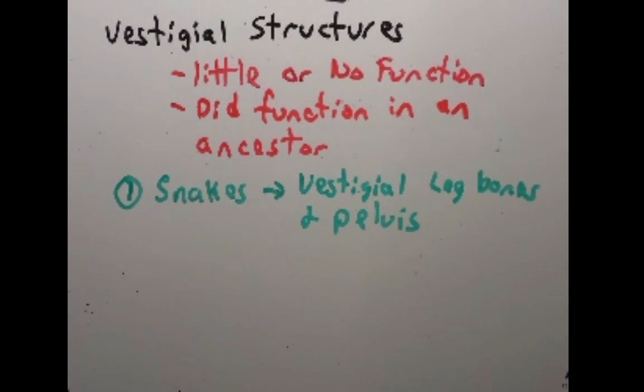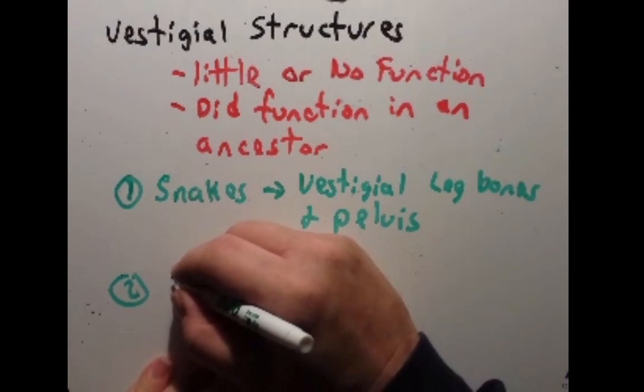But over time, natural selection acted against these legs and the pelvis in favor of the way snakes currently move, and these structures have slowly been losing function and will eventually probably just disappear.